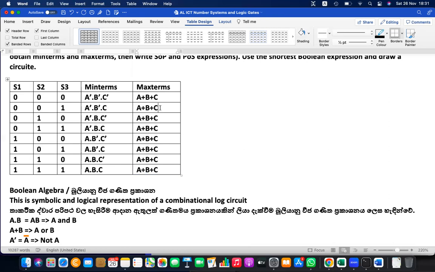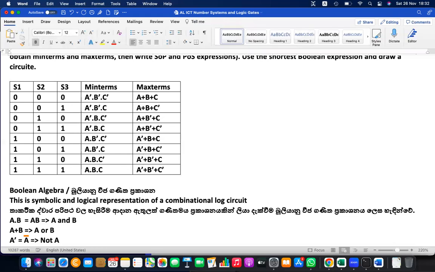Here you need to make it C naught, C, C naught, C, C naught, C, C naught. Here B, B, B naught, B naught, because 1 needs to be inverted. Then B, B, B naught, B naught. Here again A, A, A, A. Here all ones need to be converted to 0, so A naught, A naught, A naught, A naught. So these are the max terms.